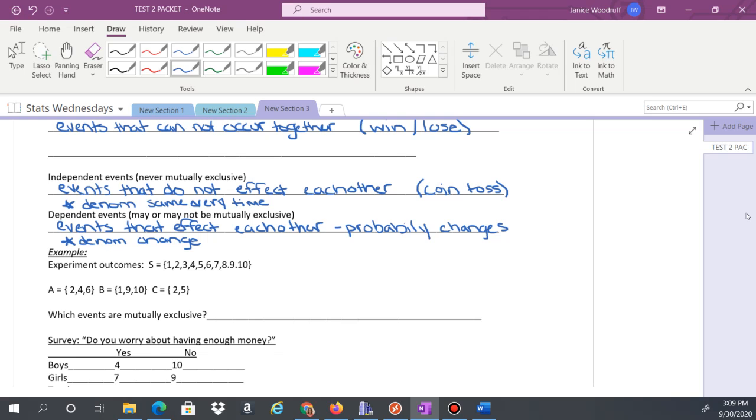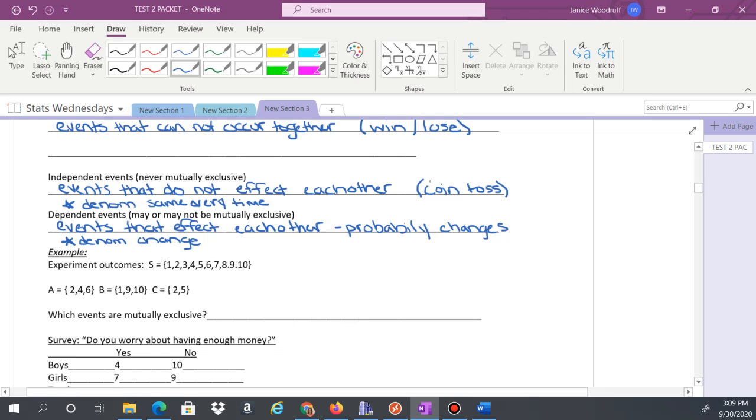The probability I pull a blue M&M is 8 out of 30. I pull a blue M&M and I eat it. How many M&Ms are left in the bag? 29. How many blue M&Ms are left? 7. So what's the probability that on the second pull I pull a blue M&M? 7 out of 29 now, because there's only 29 M&Ms left, and I ate one of them. The denominator changed because you changed something in that first trial. You already pulled one possibility out.